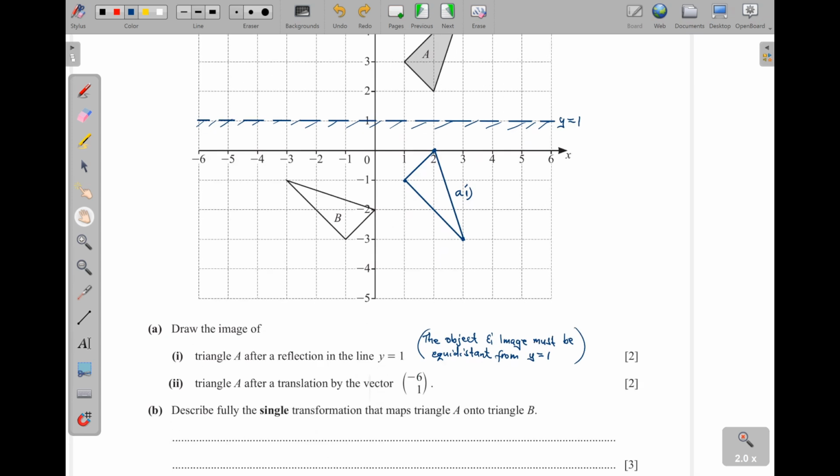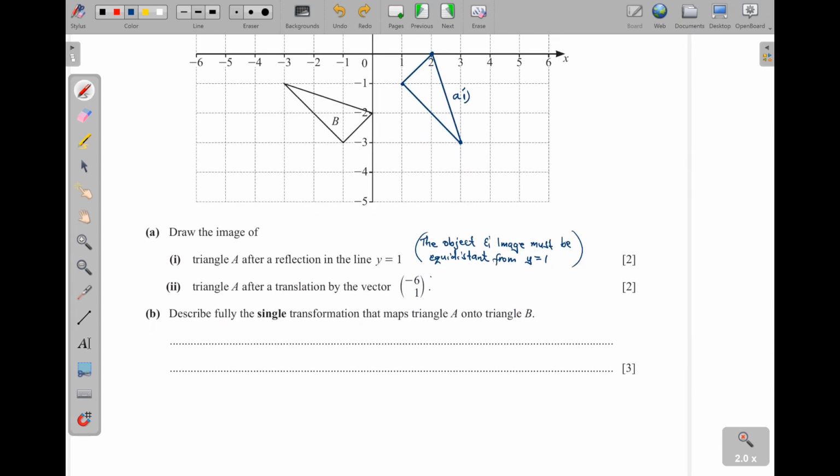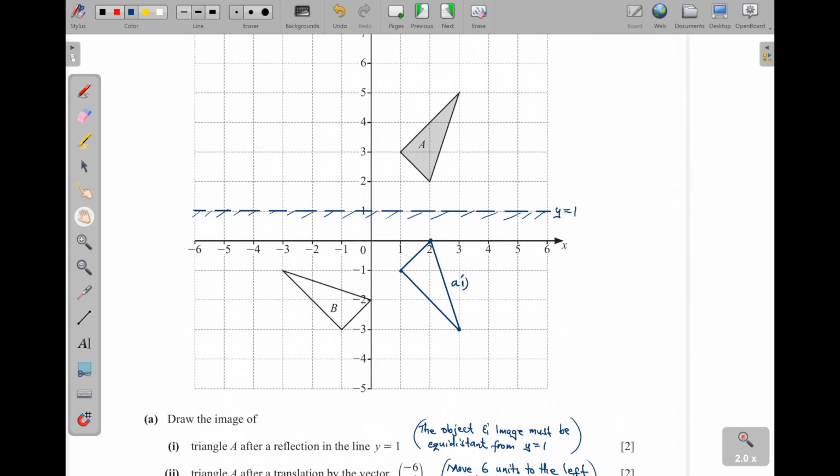So meaning, since this one is negative and represents x, and this one represents the movement in the y, this simply implies that we shall move 6 units to the left and 1 unit up. So 6 left, 1 up.